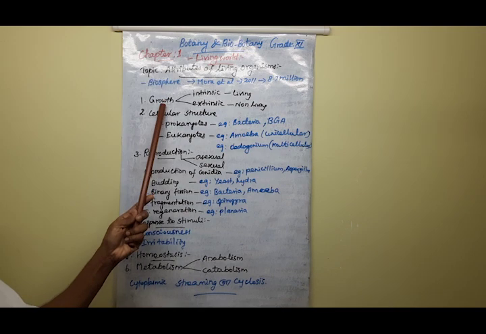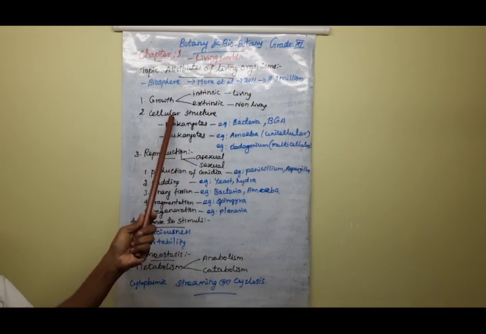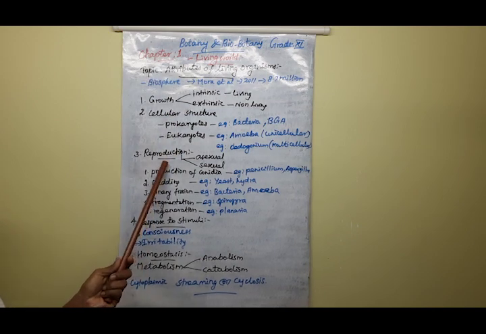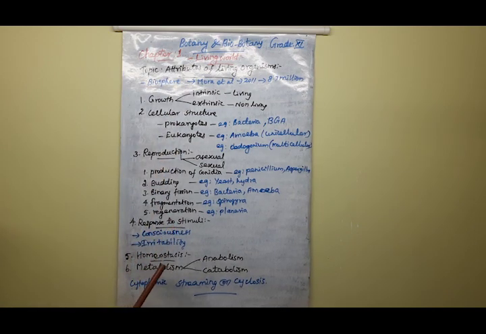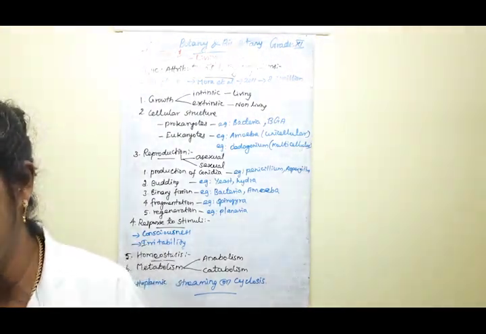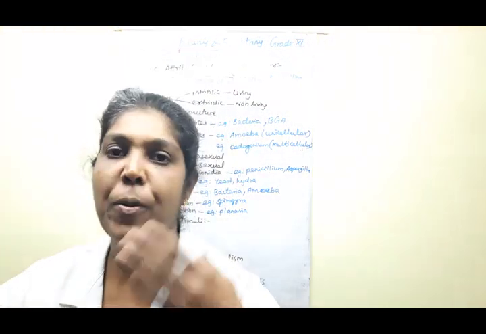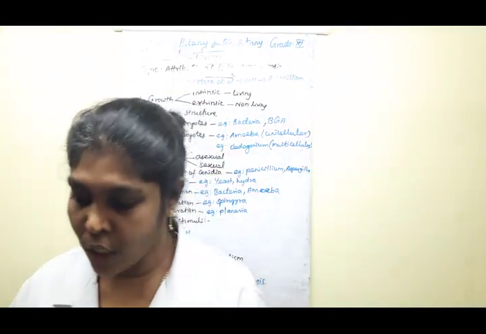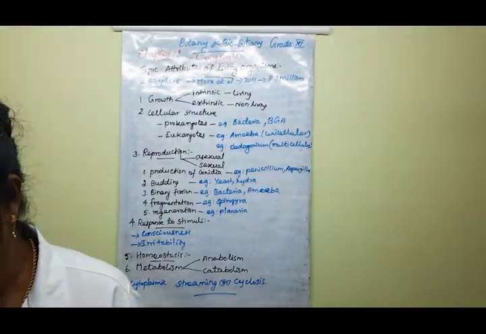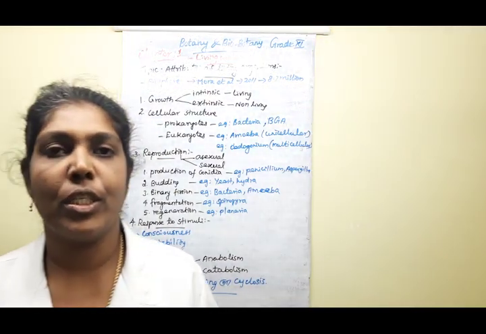The first attribute of living organisms is growth. Then cellular structures and reproduction, response to stimuli, homeostasis, metabolism. Then apart from that, secretion and excretion, respiration, and also some reproductive characters.